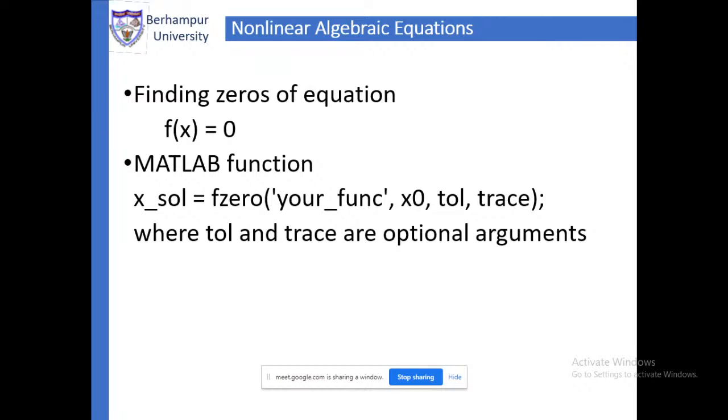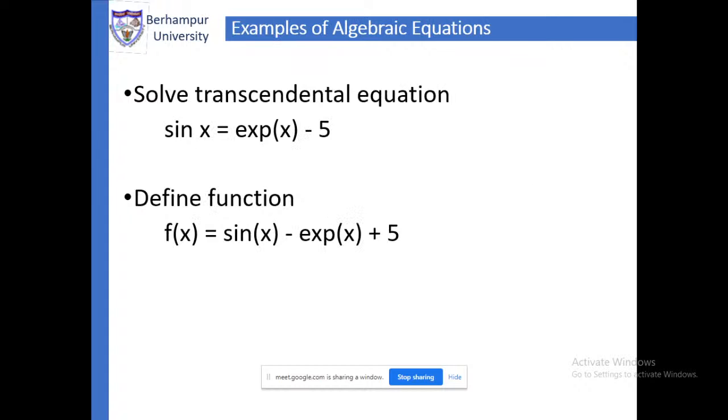Suppose it is sine x, so f0 sine. Then x0, and then the tolerance. TOL is tolerance. Tolerance we can say e to the power minus 3, which means it is correct up to 3 decimal points. Then trace. Trace means it will give you the diagonal values. Tolerance and trace are optional arguments. You may not give these values also. So you are solving here.